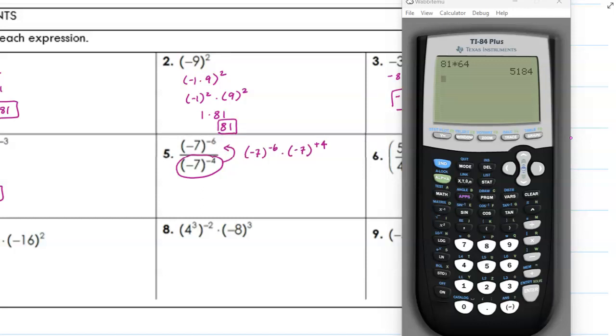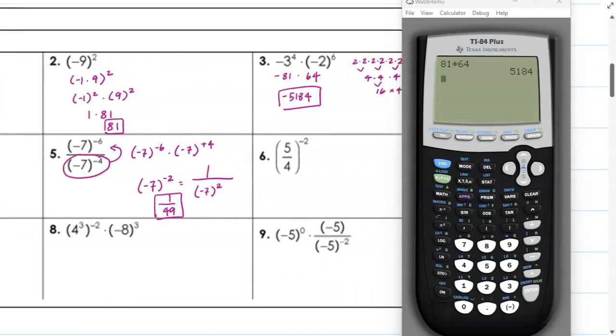And you add the two exponents, keep the base. There you go. That goes back down to the denominator. Raise that negative 7 twice. That is a 1 over 49. There you go.